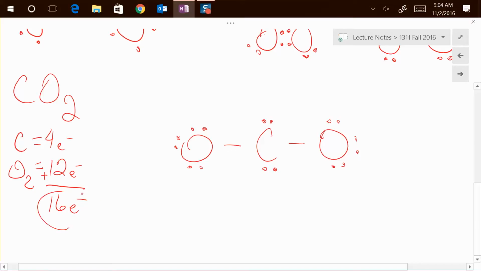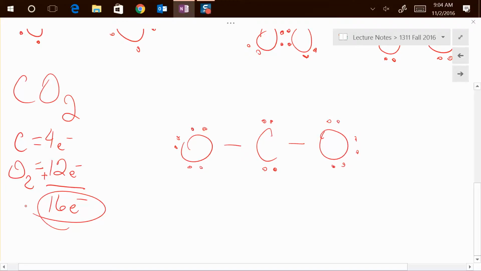Does that match? It has to match. It has to be the same. Whenever you have too many electrons, which will always be the situation unless you're dealing with expanded octets, which we'll get into later, you will have either the exact right amount or too many.